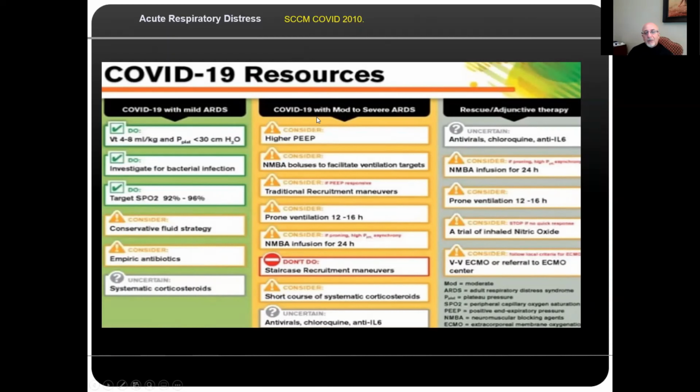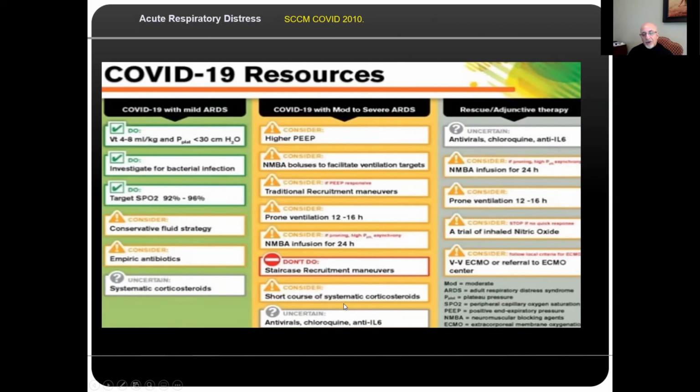However, when COVID-19 patients progress to moderate to severe ARDS, one is going to implement the higher PEEP protocol from the ARDS-NET protocol, use neuromuscular blockers such as Nimbex or cisatracurium to facilitate our ventilation, use traditional recruitment maneuvers and avoid the stepwise recruitment maneuvers, prone the patient for at least 12 hours per day, and especially when the PF ratio is less than 150.